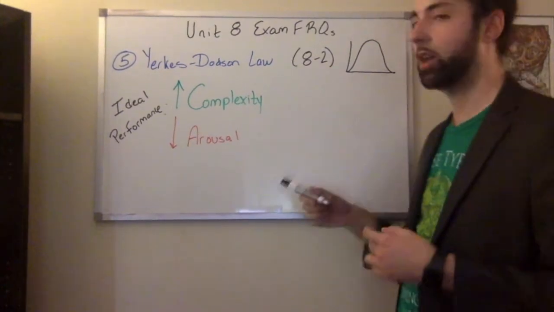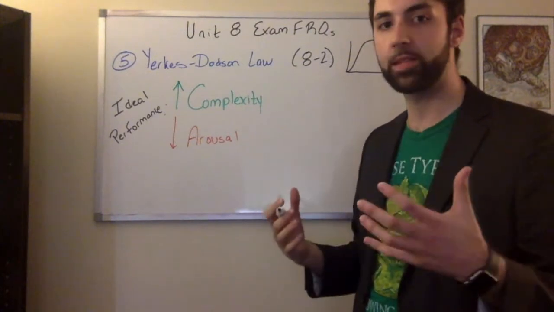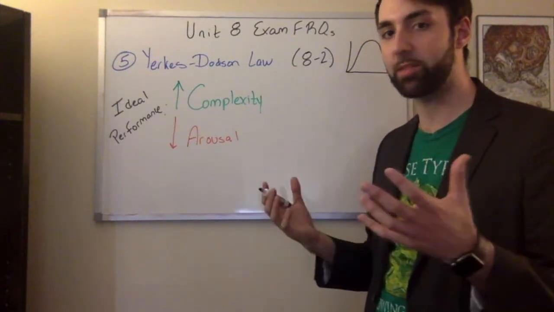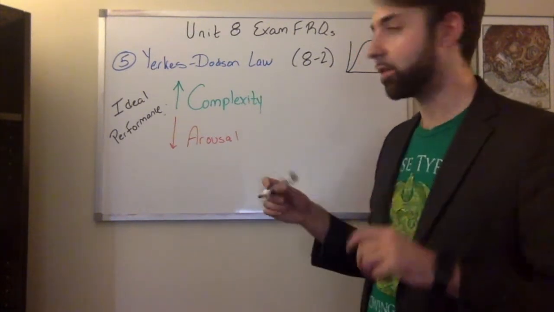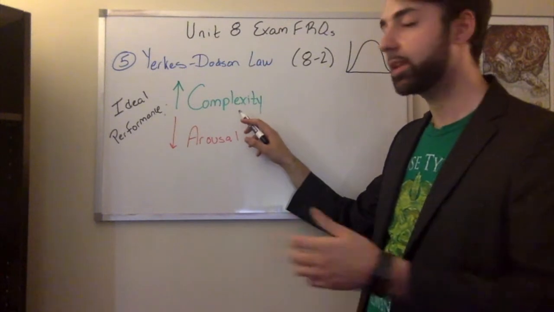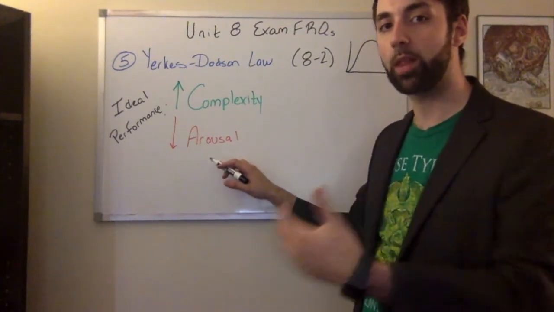The Yerkes-Dodson law argues that for your most ideal performance, meaning the best performance that you could possibly give on a class presentation, in a sporting event, doesn't matter, relates to two variables. The higher the overall complexity of the task you're doing, it's more ideal to be cool, calm, and collected, to have lower levels of arousal.